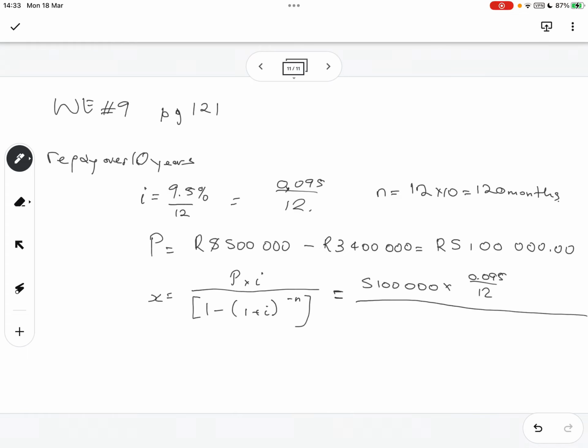Alright, so when we substitute, we will have 1 plus 0.095 over 12 to the power negative 120. And this equals such a big loan repayment.